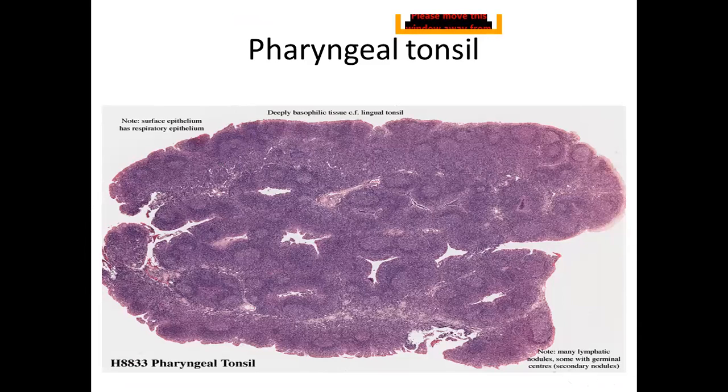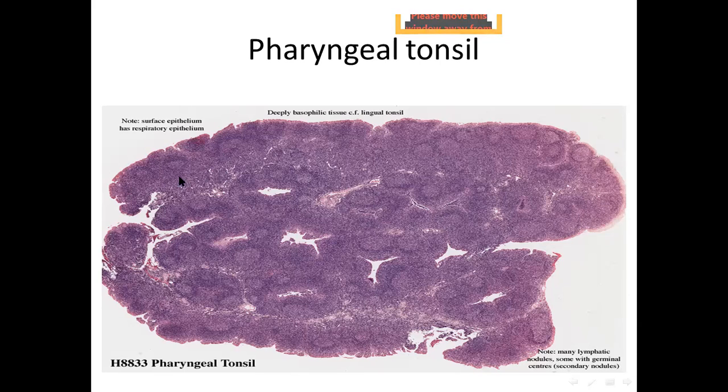It's similar to the palatine and lingual tonsils, but it has an incomplete, very thin capsule at the deep aspect, and it's lined by pseudostratified ciliated columnar epithelium, which we name respiratory epithelium, at the superficial aspect.